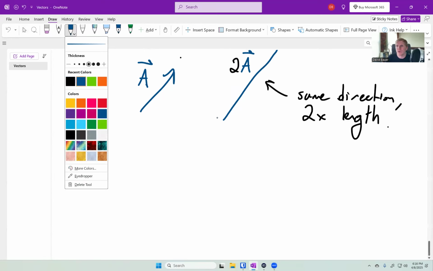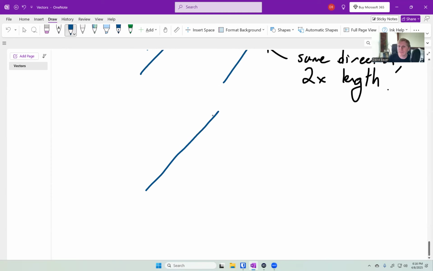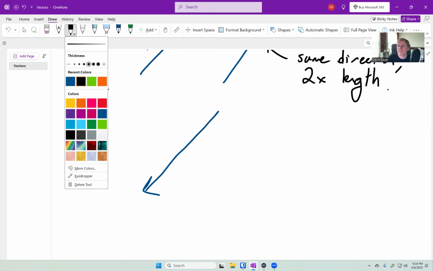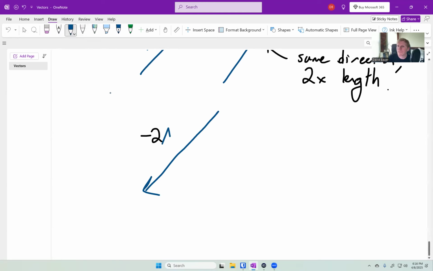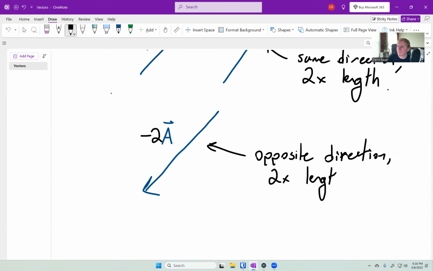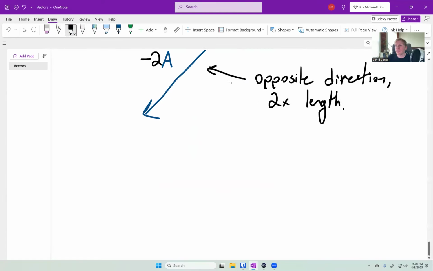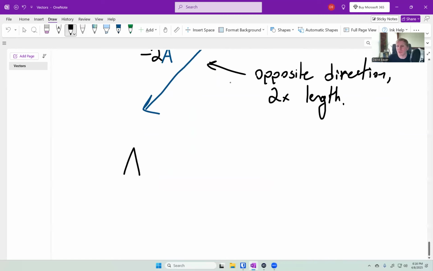So if I were to draw negative 2 times a, I get a vector in the opposite direction that's twice as long. In terms of the components, when I multiply by a scalar, that just scales both of the components. So if I have a scalar c and I multiply by a, then the components just get multiplied by c.